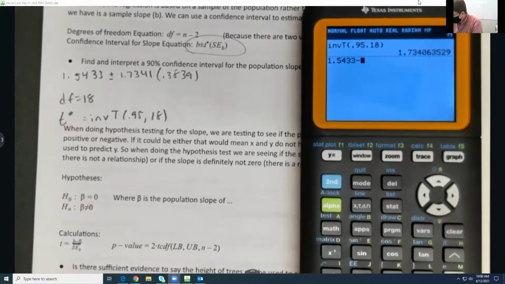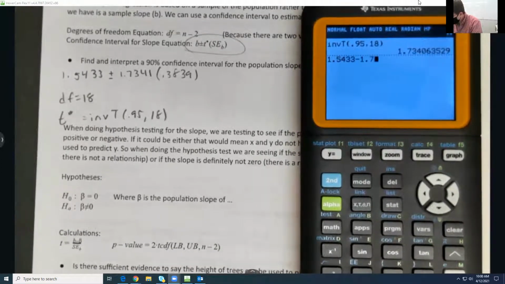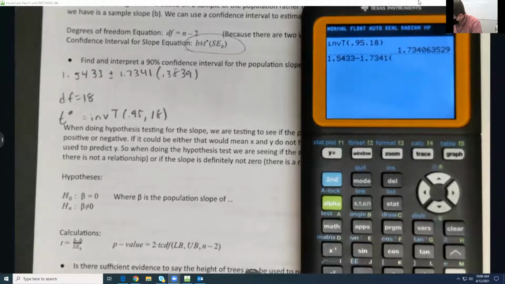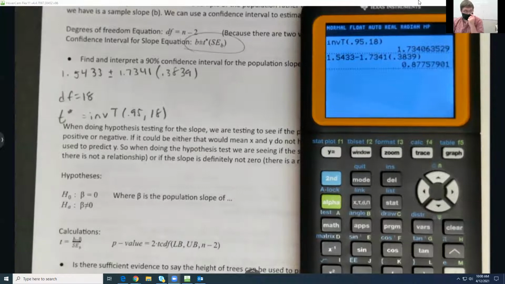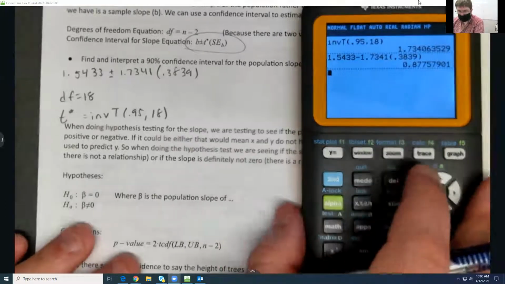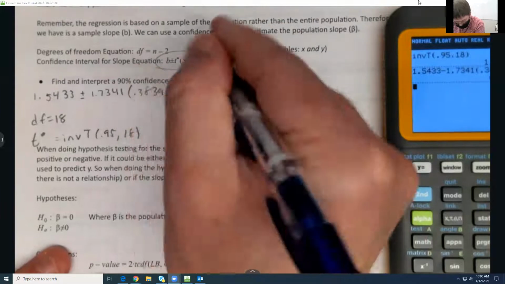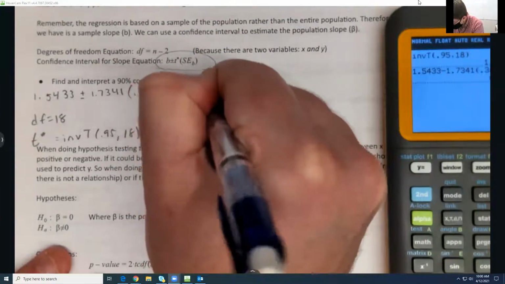I do the minus first because I like the lower limit first. All right, so there's my lower limit, or my lower interval, if you will. So this is 0.8776.